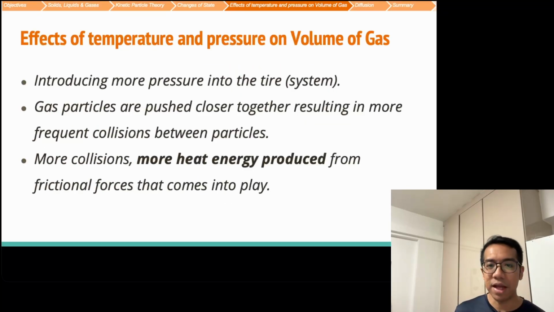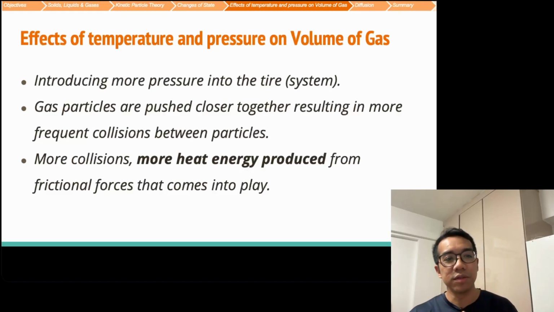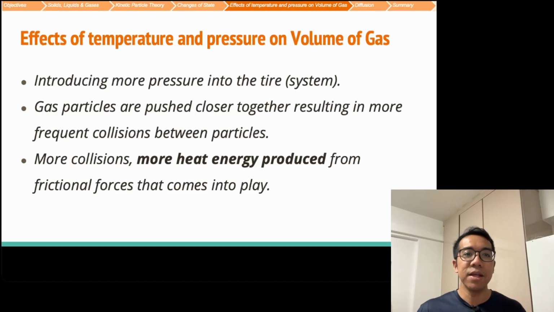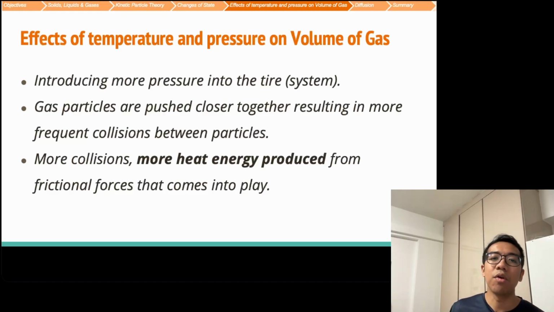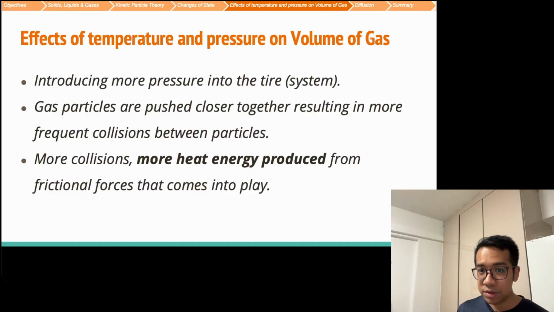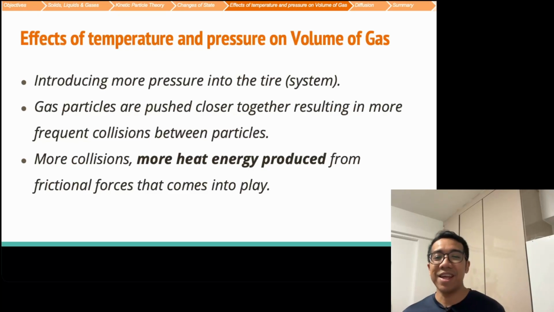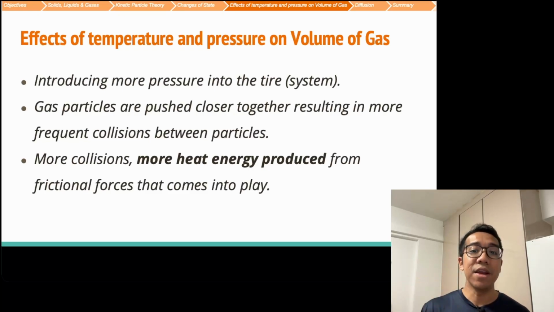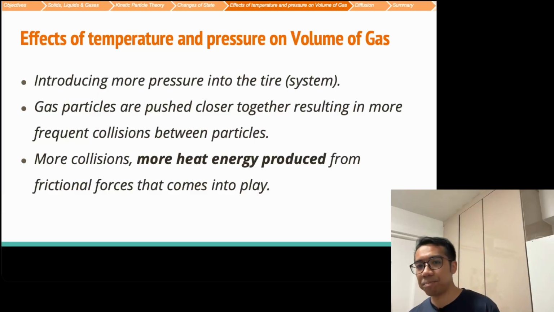What happens is that the particles are pushed closer and closer to one another, and they are hitting against one another a lot more, as you can see in the second line here, resulting in more frequent collisions between particles. More collisions eventually result in more heat energy being produced because of the frictional forces at play.